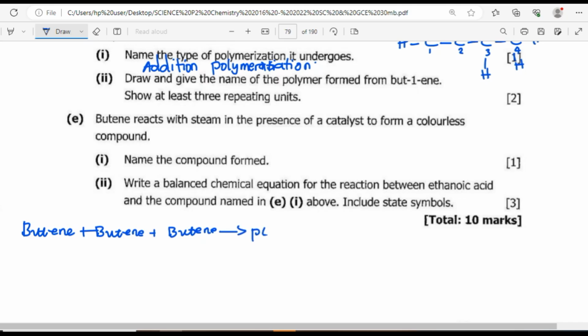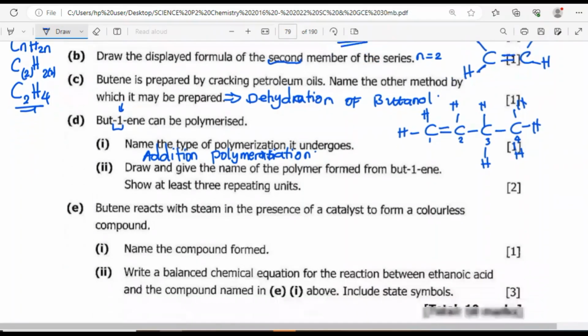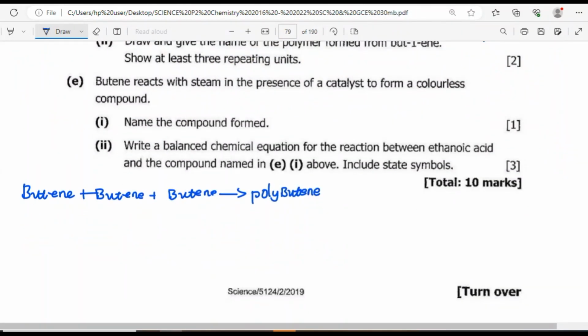The name of the polymer is polybutene. I said you begin with poly, then you add the monomer. The chemical formula for butene, we are given, is C4H8.